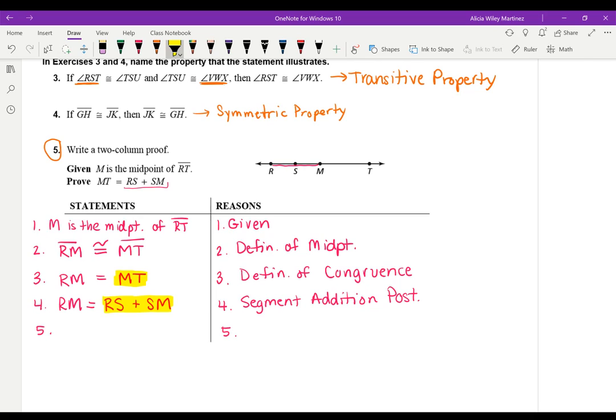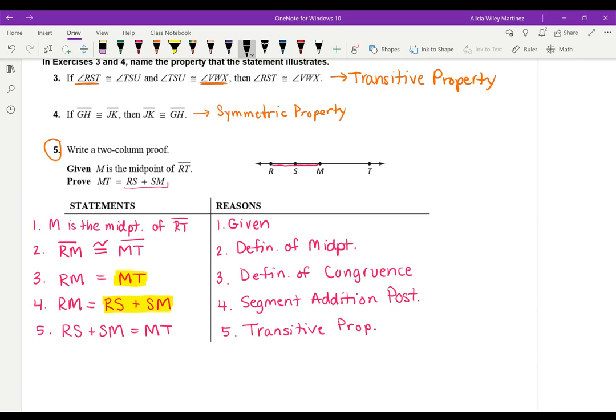Since both of those statements I've highlighted in yellow are equal to the same thing, it means that they are equal to one another. So that means RS plus SM equals MT. And that is what we call the transitive property. We've used that one a lot.